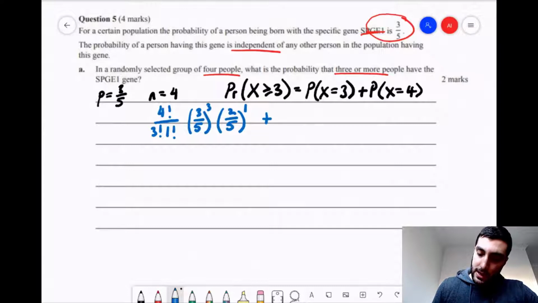We're then going to add 4 factorial divided by 4 factorial times 0 factorial, and then we're going to have 3 on 5 to the power of 4.